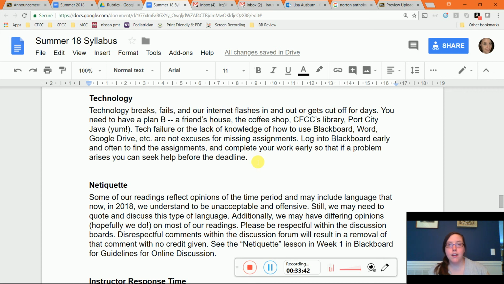I cannot and will not make any changes unless you can absolutely, without a shadow of a doubt, prove to me that Blackboard glitched out. Okay, so this is an example of technology failing, possibly, or user error. I do not know. Either way, your inability to use Blackboard correctly, your internet breaking, you not having access to internet, none of that is an excuse for not turning in an assignment.